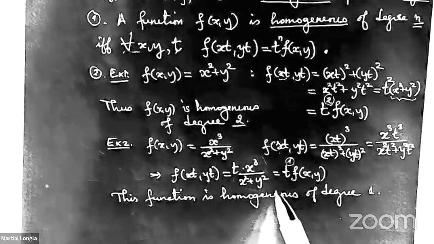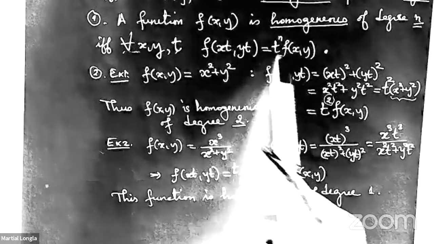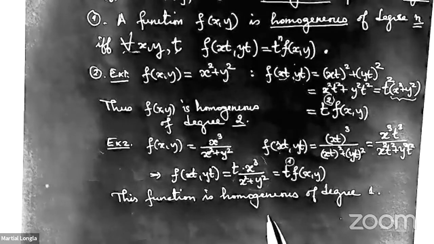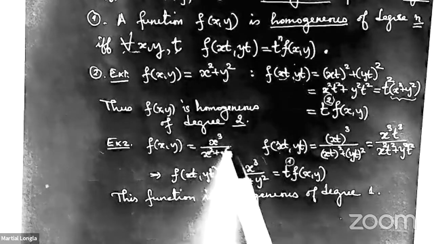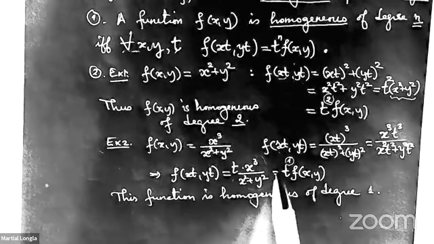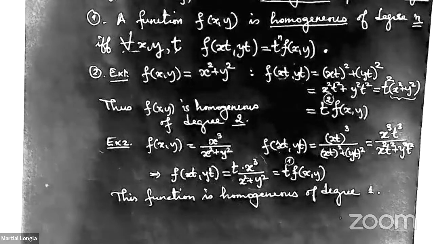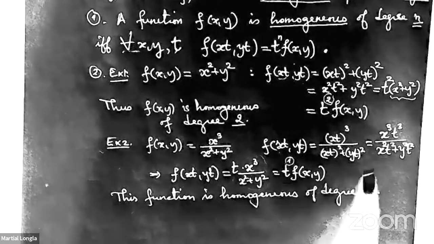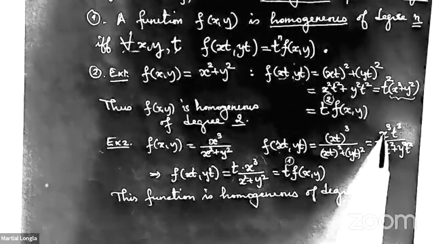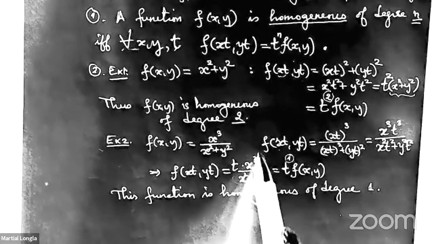Yeah, I just rewrite this because what you want to have is t to a certain power times the function that was originally there. So the whole purpose of this is to replace x and y in this formula by xt and yt and see if you can pull out a power of t and still have the original function. Okay, thank you. So here when we do this, we simplify, t squared cancels, you have one t that remains. You still have x cubed over x squared plus y squared. And this piece is the original function.